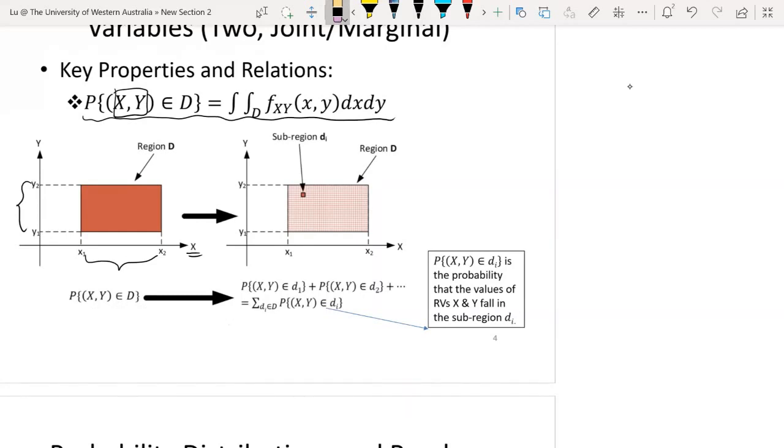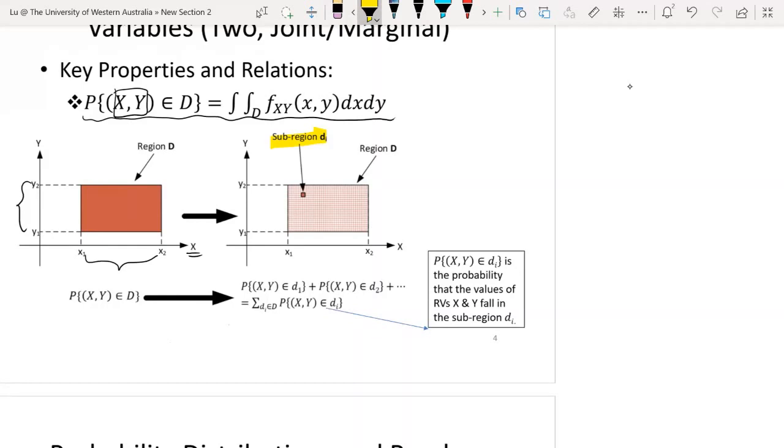What we are going to do is divide this region D into many small grids or meshes. Each small square is called a subregion Di. So Di is just one single element within the region D. How many subregions do we have? Many.